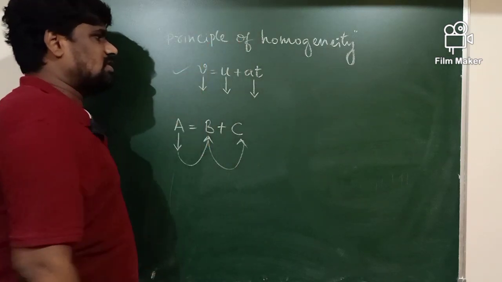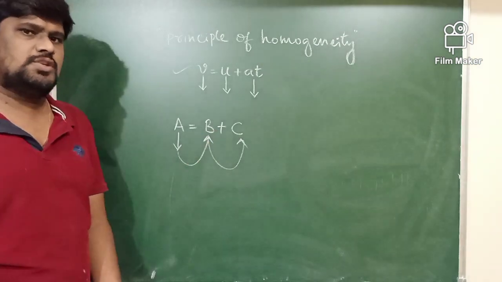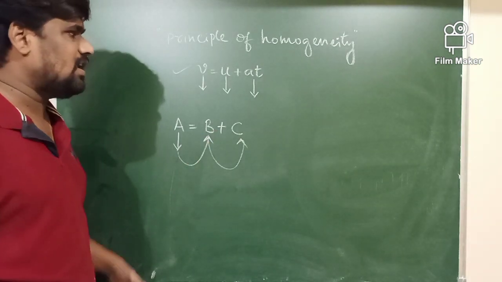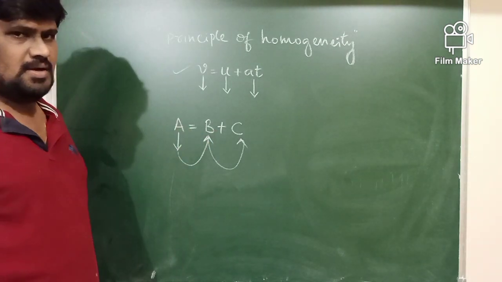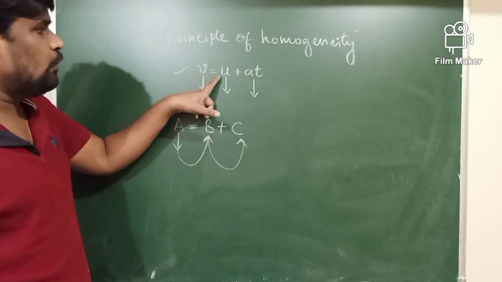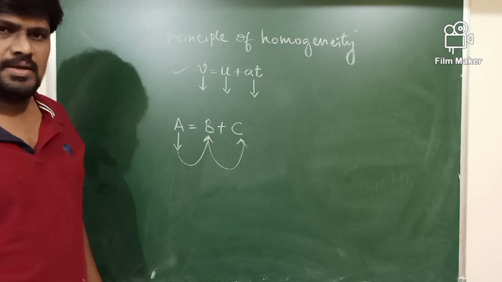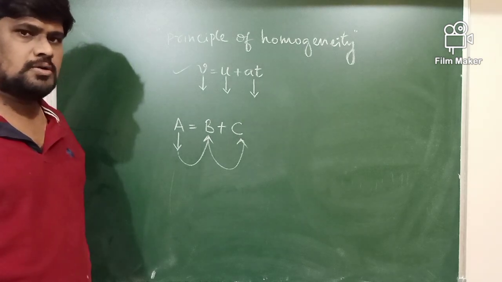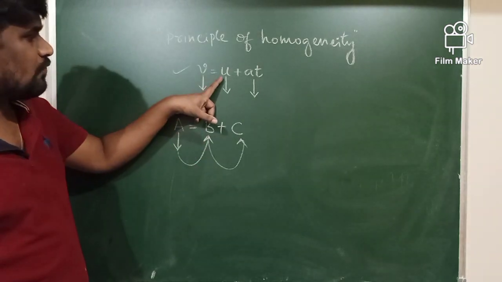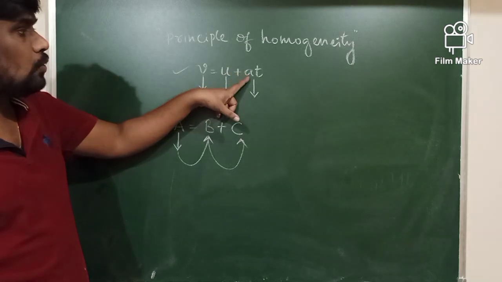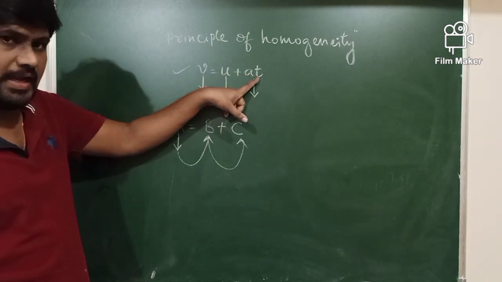So this equation is dimensionally correct. Which equation? V is equals to U plus AT is dimensionally correct. Now first point ತಗೋತೀನಿ, U is added to AT. U ಅನ್ನ AT ಗೆ ಆಡ್ ಮಾಡಿದ್ರಿ. ಯಾವಾಗ ಆಡ್ ಮಾಡ್ಲಿಕ್ಕೆ ಪಾಸಿಬಲ್ ಹೇಳ್ರಿ ನಾನು? Dimensions of U should be equals to dimensions of AT.